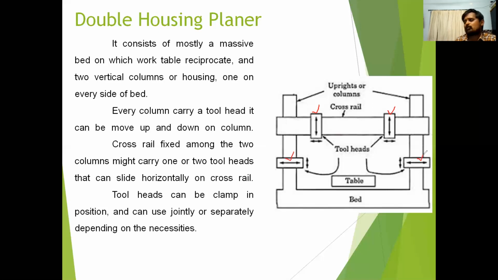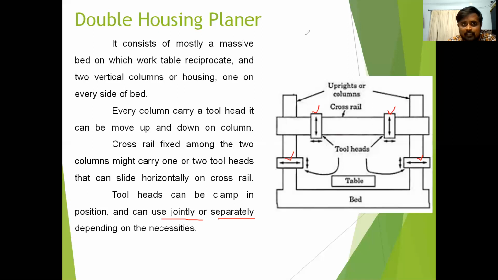That means we can handle four cutting tools at a time, and we can perform operations at four places on the workpiece. Either we can perform these four operations at a time, or we can operate separately.